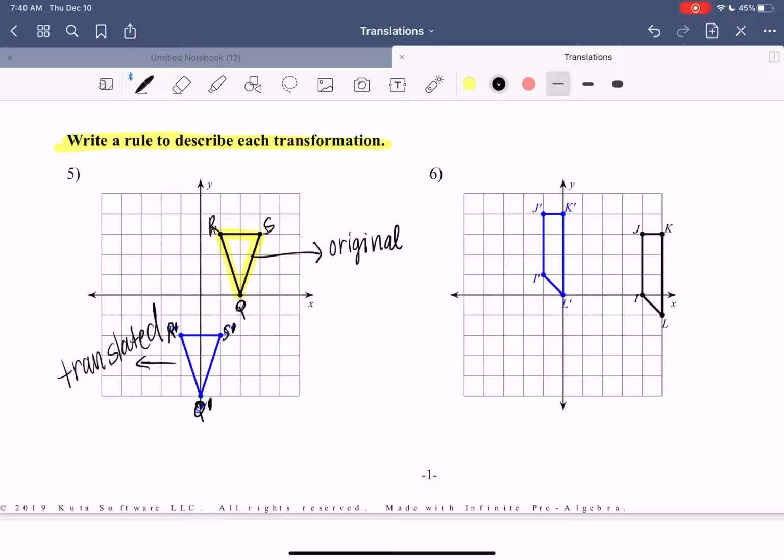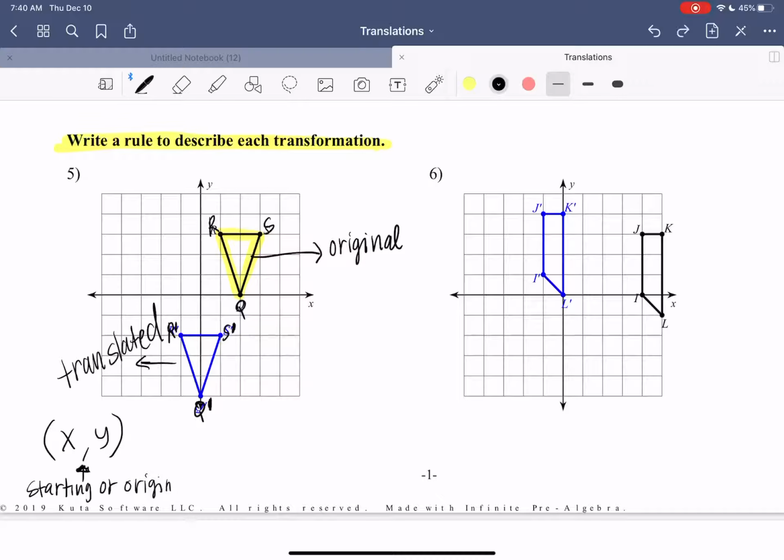Just like we have rules in life and rules in the classroom, we are going to write rules by first starting with a coordinate pair that looks like this, x, y. This indicates your starting or original.